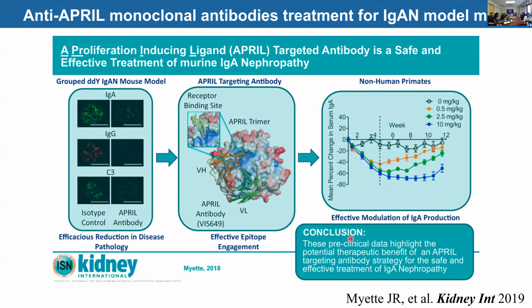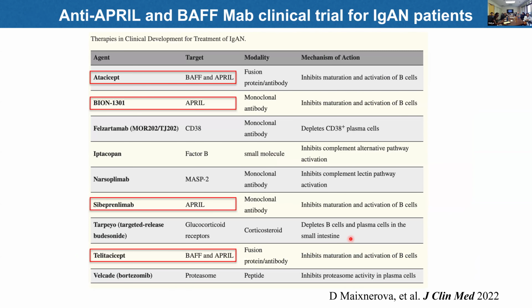This paper reported that the monoclonal anti-APRIL antibody decreased serum IgA levels and the deposition of IgA at the glomerulus. After that, several clinical trials started using anti-APRIL and anti-BAFF monoclonal antibodies, as shown in these tables. I heard that some of the trials showed good results.